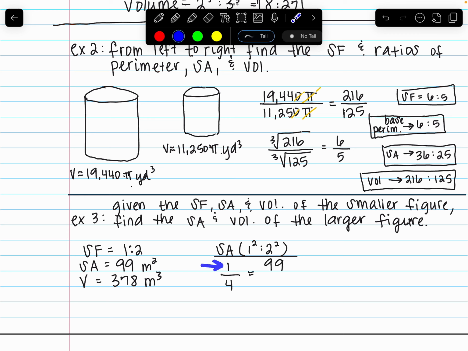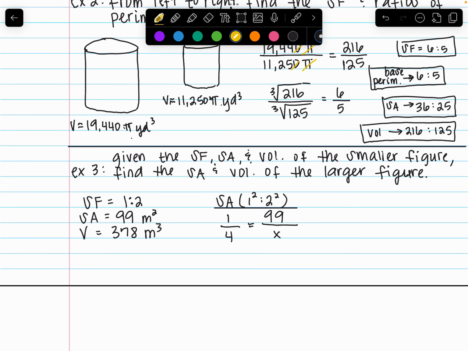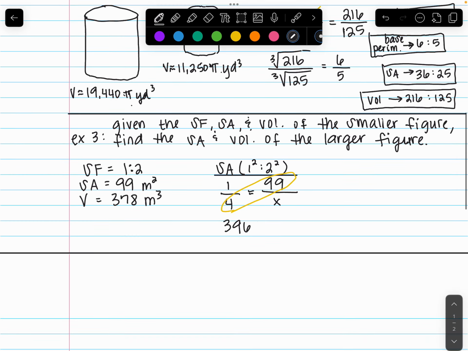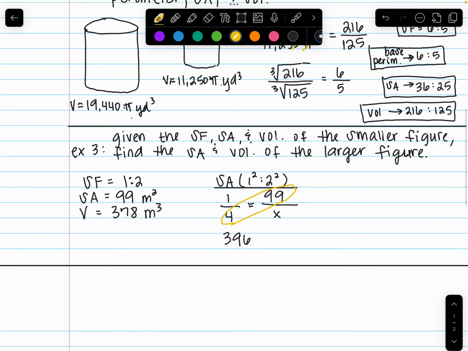Since 1 is smaller than 4, and we know that this is the surface area of the smaller shape, we're going to put it at the top with the smaller number. And we're looking for the larger number. When we cross multiply here, we should get 396. And if we cross multiply the 1 and the x, that's just x. So that would be 396 square meters.